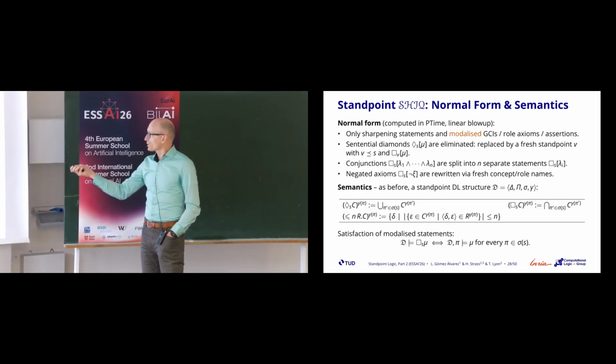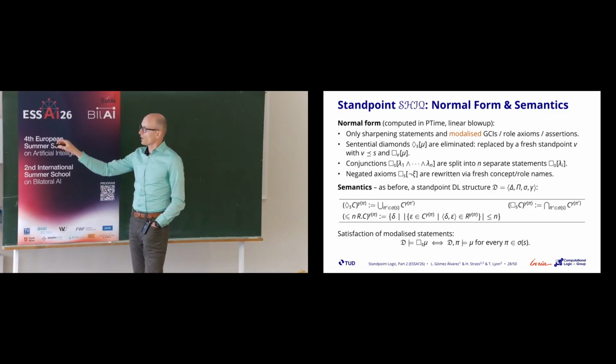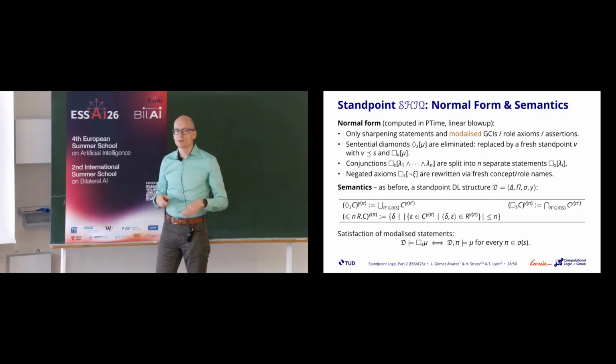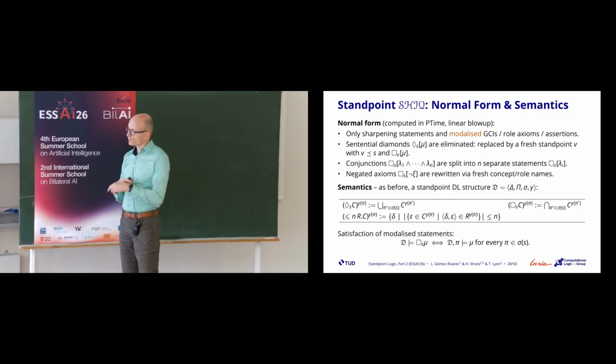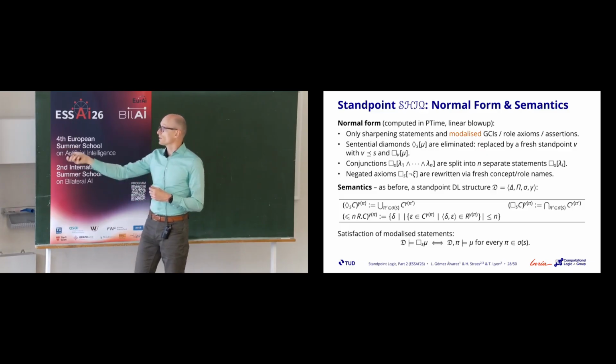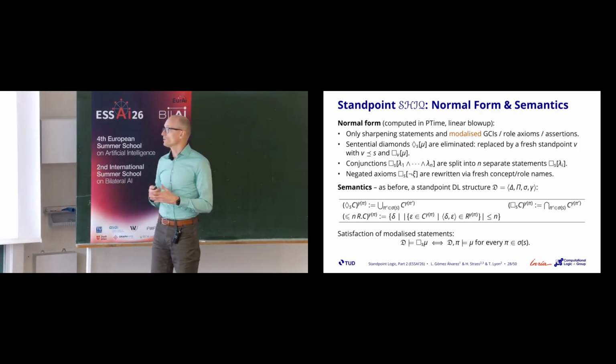And the interpretations are as before. So again, we have structures with a shared description logic interpretation domain with a set of precisifications, this sigma assigning each standpoint name a set of precisifications, and this gamma assigning to each precisification one description logic interpretation over this same domain delta.